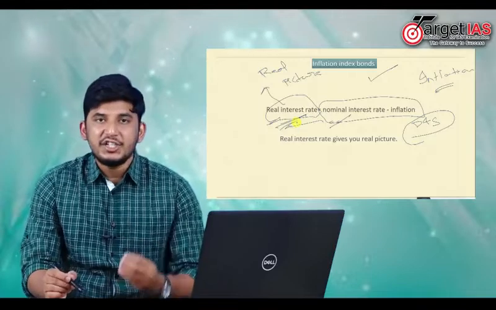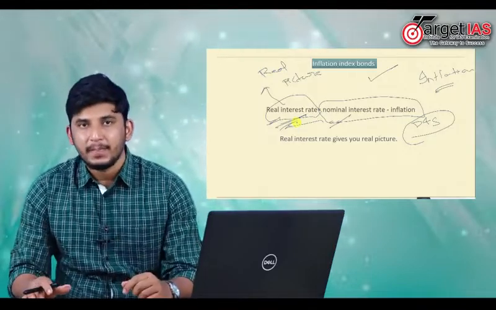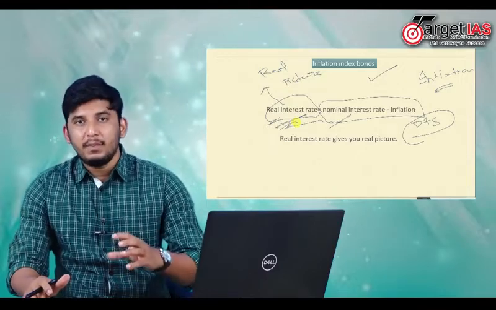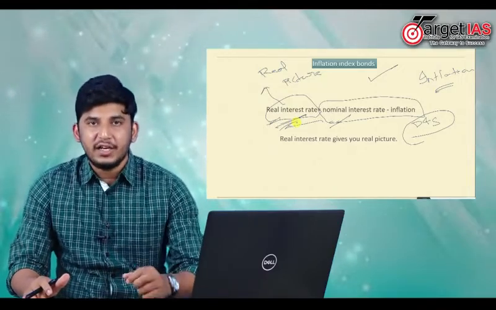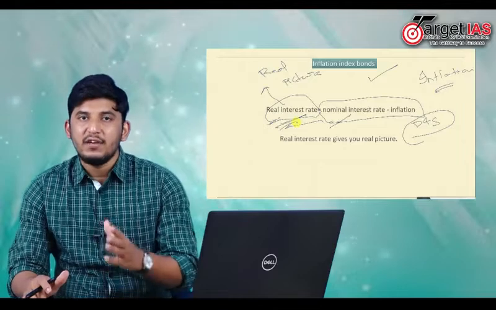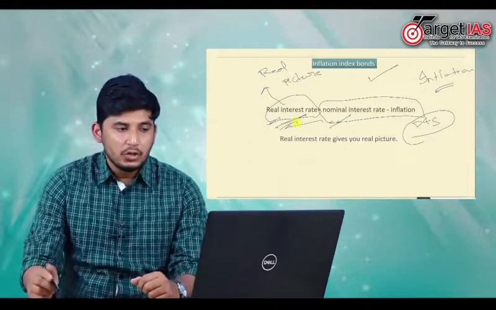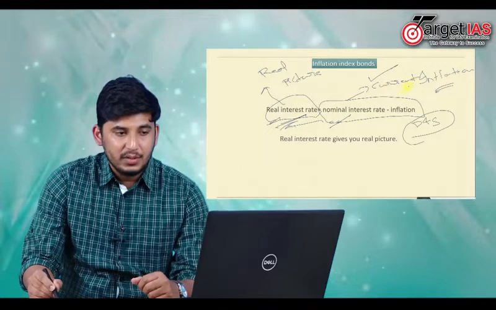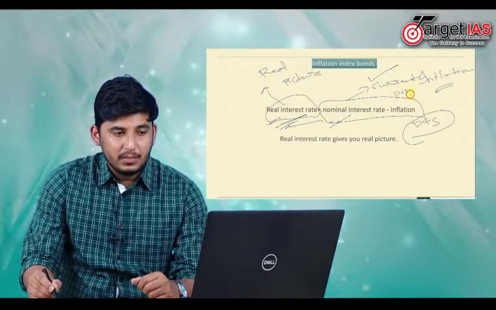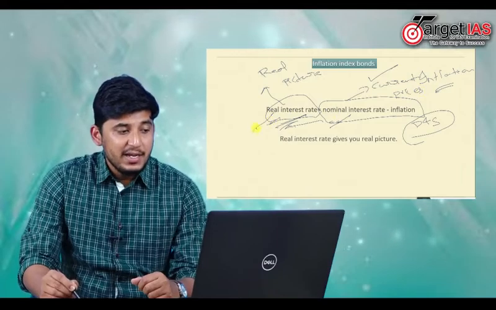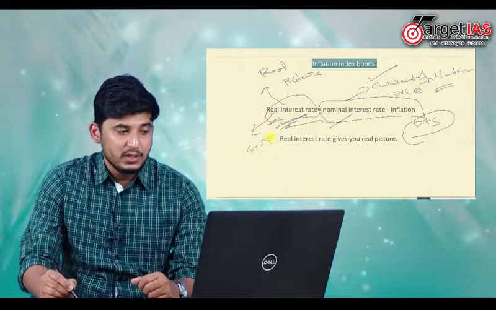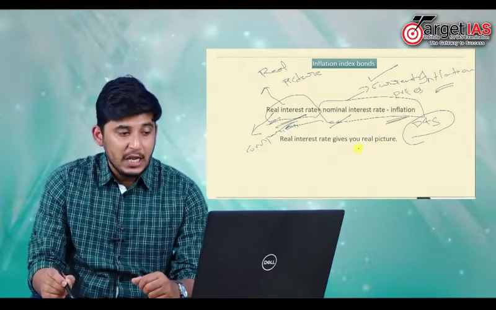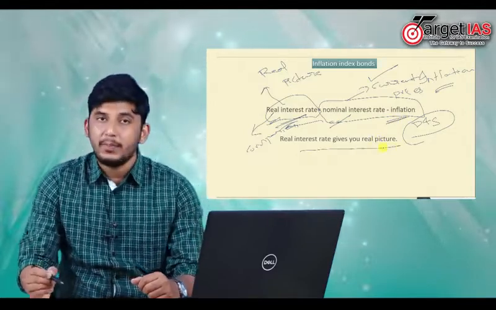There is something called real GDP and nominal GDP. Real GDP will give you a real picture because they adjust for inflation. They reduce the inflation from the nominal. Nominal is associated with current prices, whereas real is associated with comparative prices. They compare by deducting the inflation. So the real interest rate gives you a real picture.